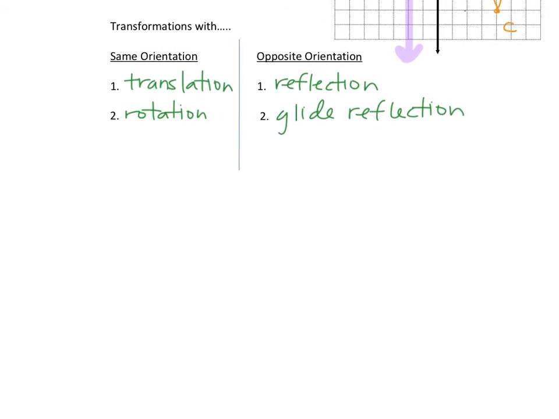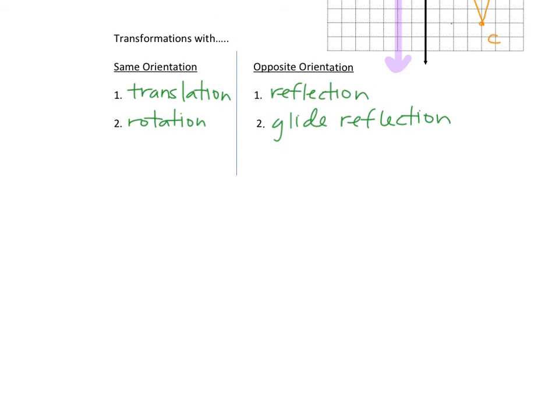Okay, so think about it with this. If I give you the letter R, and I take that letter R and I go like this with it. Look at its orientation, okay?